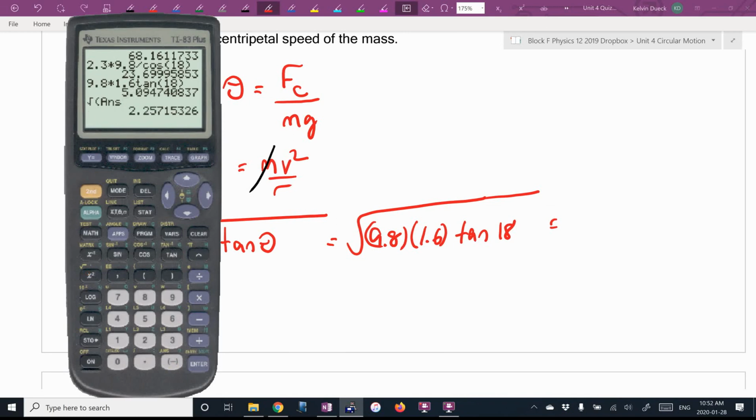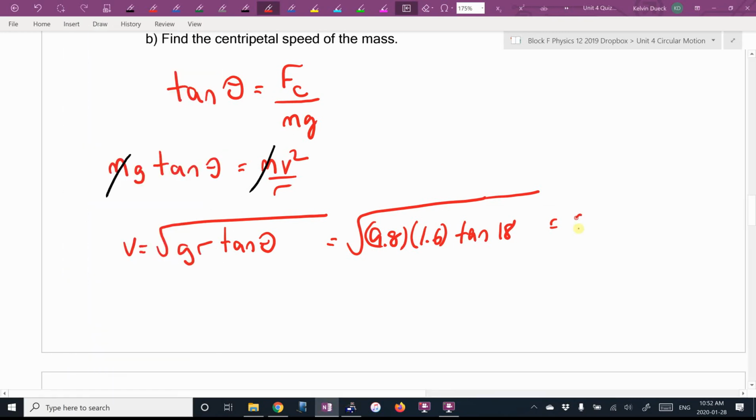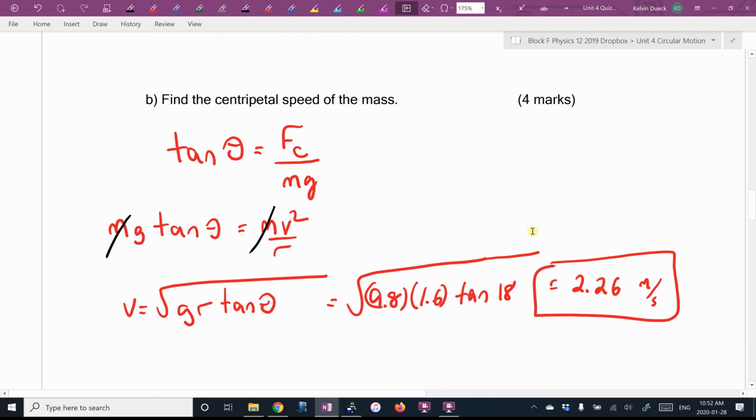And I get 2.26, if I round up properly. I would take 2.25, but 2.26 meters per second. If you got that right, is this 3 marks? 4 marks. 4 out of 4.